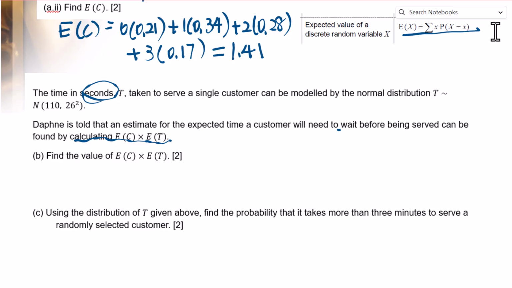E of S is 1.41. E of T is given here, 110, equals 155.1. Say, using the distribution of T given above, find the probability that it takes more than 3 minutes to serve a randomly selected customer.